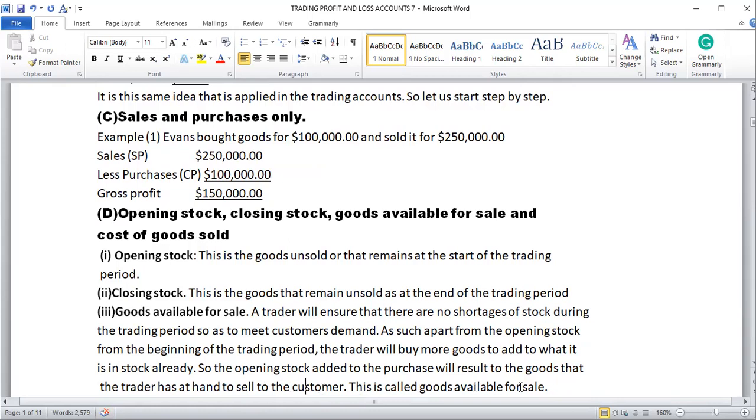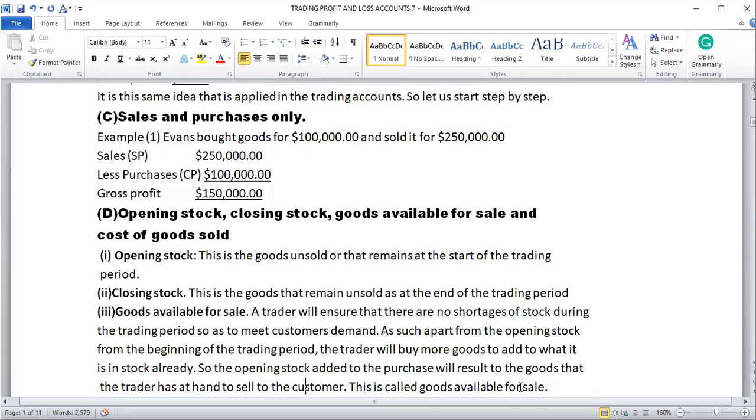So let me explain. At the beginning of the month, there will be some goods remaining. So we say opening stock. But when the business owner realizes that the opening stock will not be sufficient to meet the needs of the customer, the owner will buy more goods. That one we call purchases.